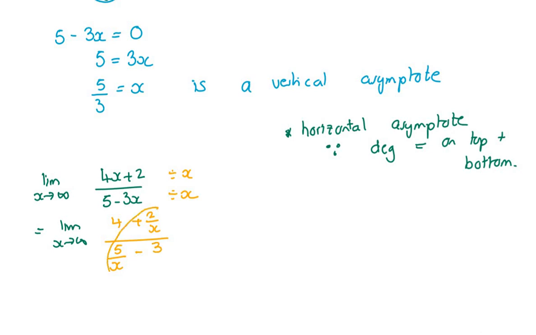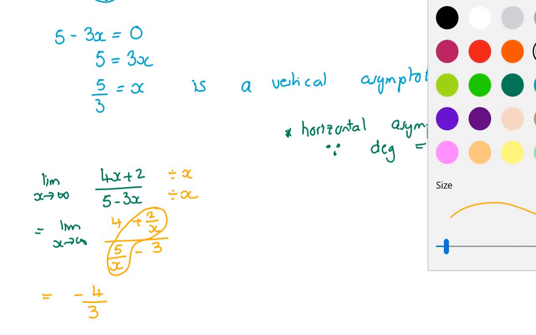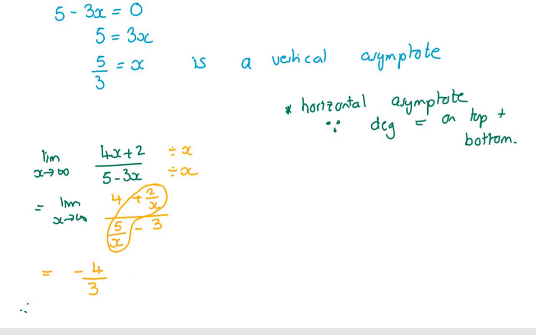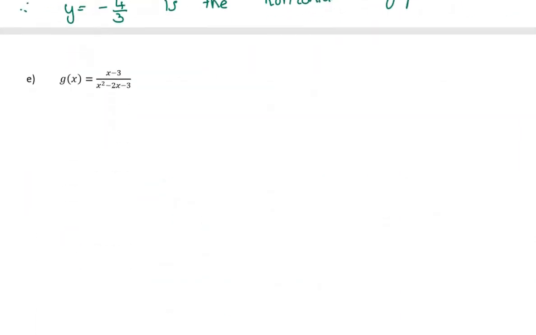Both of these tend to 0 as x tends to infinity, and that's why you get negative 4 over 3. So therefore, my horizontal asymptote is y equals negative 4 over 3. Don't forget to tell your examiner what asymptote you are expecting that to be, because otherwise they can't assume that you knew. Great. Couple more to go.